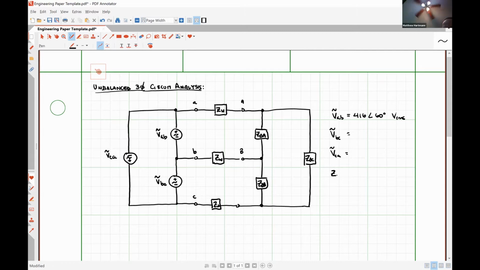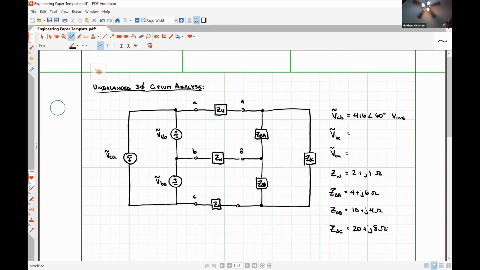Our transmission line impedance Z wire is going to be simply 2 plus J1, and our transmission lines form a balanced network, so they all have the exact same impedance. And then finally, we'll have Z delta A is 4 plus J6. Z delta B will be 10 plus J4. And lastly, Z delta C will be 20 plus J8.